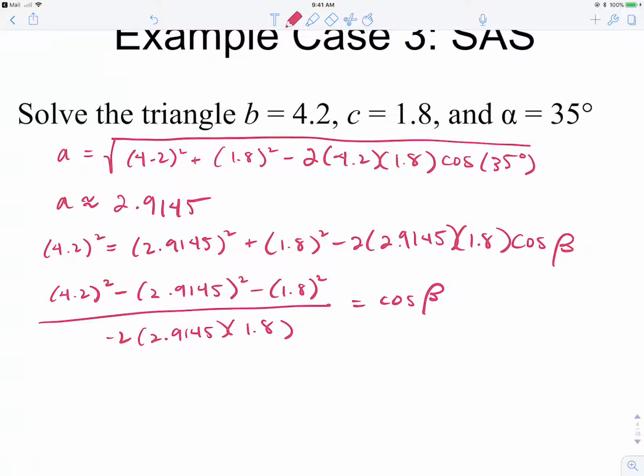So that's equal to the cosine of beta. So we need to take the inverse cosine to find what beta actually is. So I'm going to do beta equals, I'm going to switch this around, inverse cosine of this ratio. Instead of writing it all again, I'm going to see if I can copy and paste. There we go.